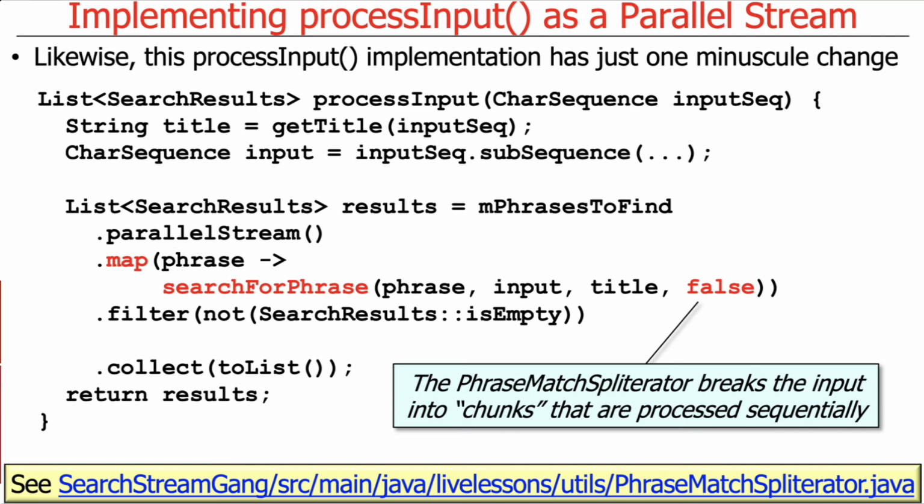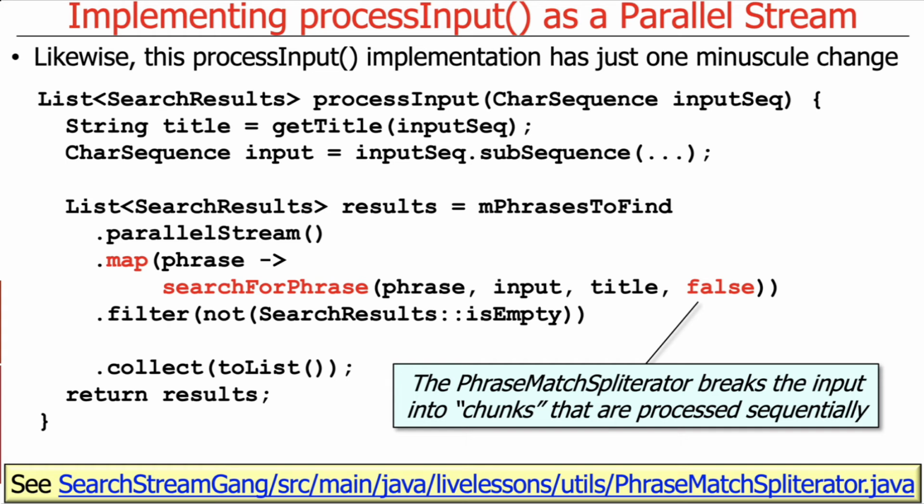For each phrase, we're going to search for that phrase in the input string, passing in the title, and we're also going to pass in the false keyword. That is an indicator to the search for phrase method that we don't want to search for the phrase in the input in parallel. We're searching for each phrase in parallel, but within the input, we're not searching for a phrase in parallel.